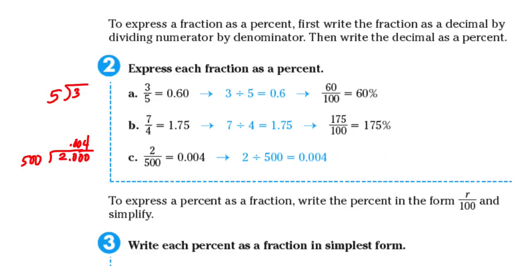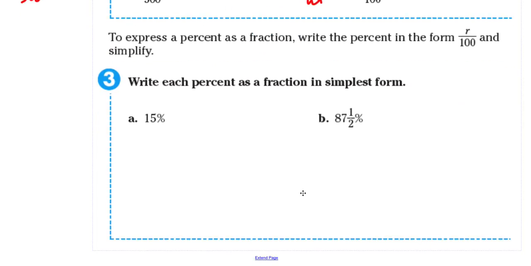Then when you want to convert that into a percent, you simply move the decimal place 2 spaces to the right, or multiply it by 100, which will give you 0.4%.